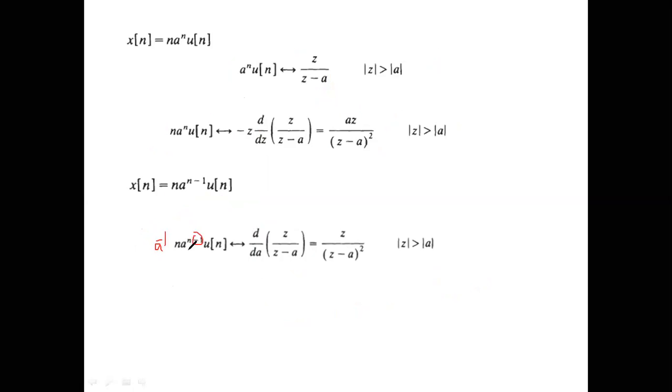Now this question with the missing minus 1 is nothing but n into a to the power n only, right? Since this constant was outside, it was into a to the power minus 1. So this term is gone, and what we are left with is z divided by z minus a whole square. This is a trick question.